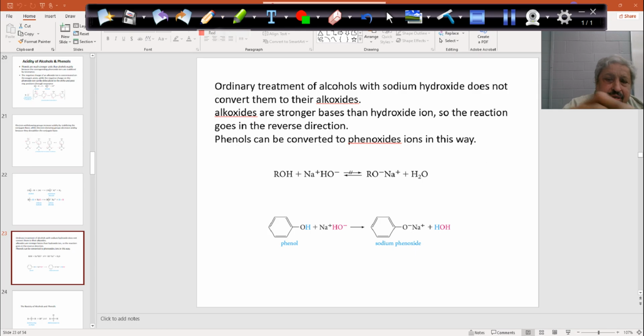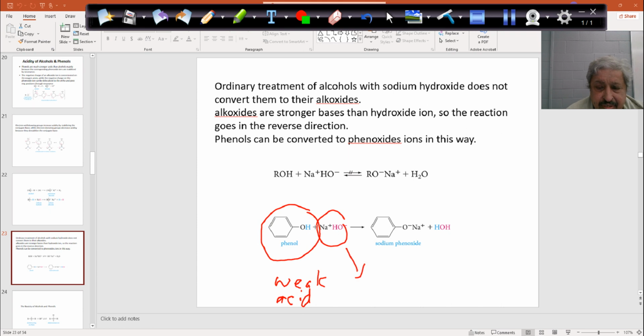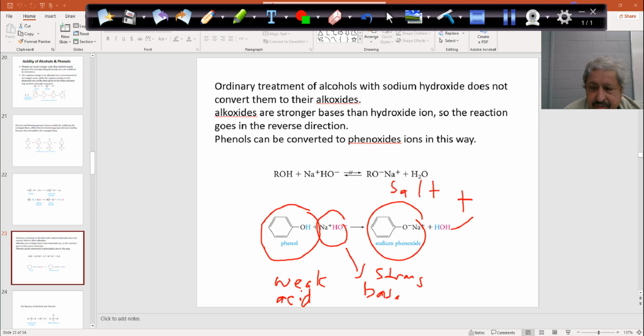We stopped on the fact that phenols are weak acids. This is acting as a weak acid, and the weak acid with the base, a strong base here, gives you a salt plus H2O.